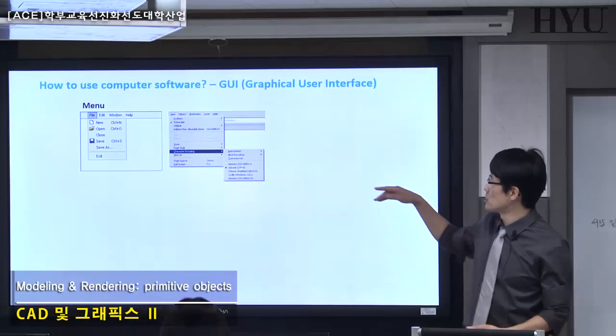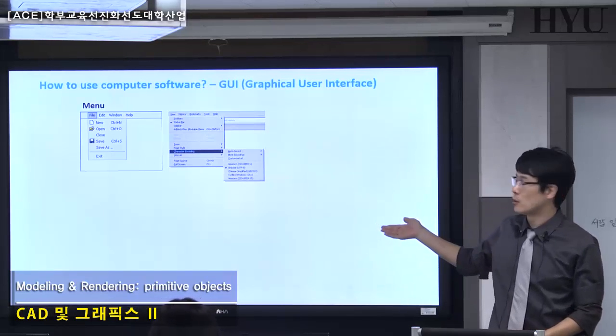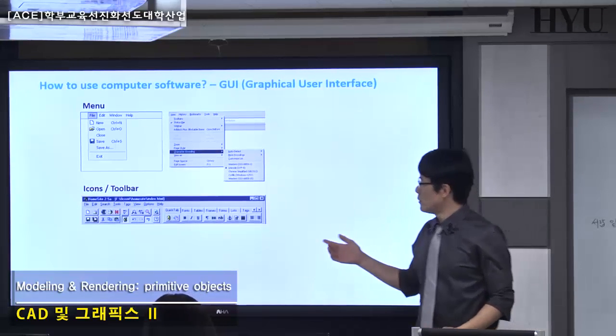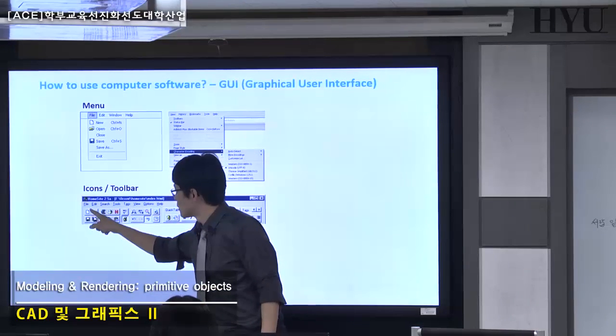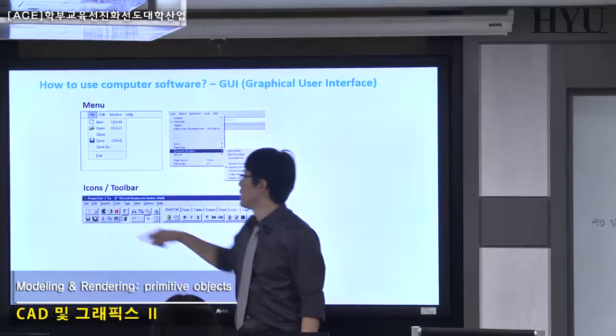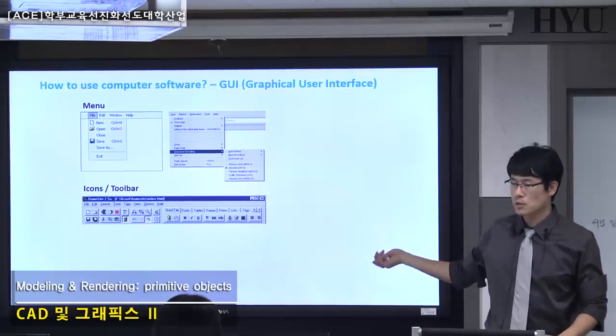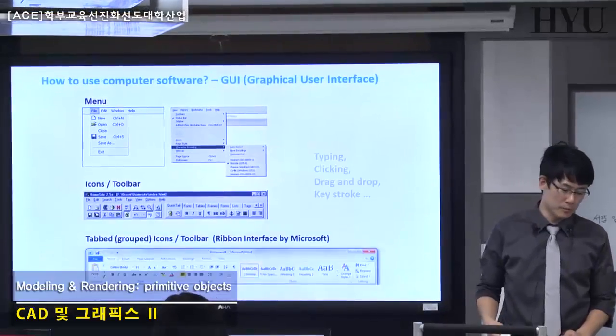You know the menu system, right? Icons, toolbars. If you click this kind of blank document icon, it's supposed to create a blank document. Or this save icon, that's going to save your file.